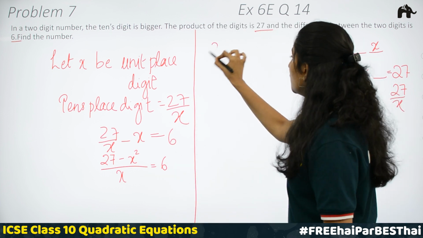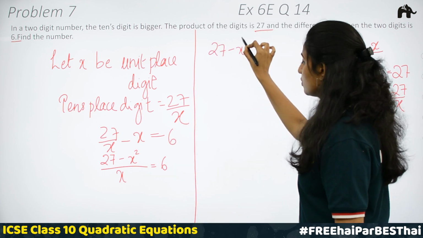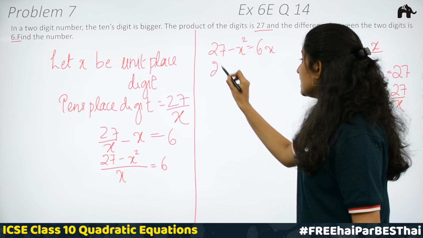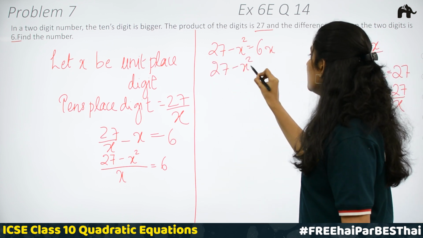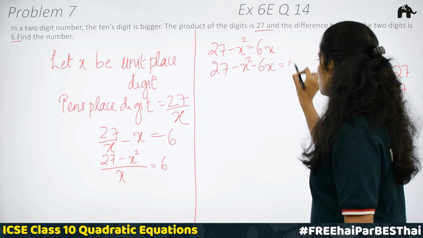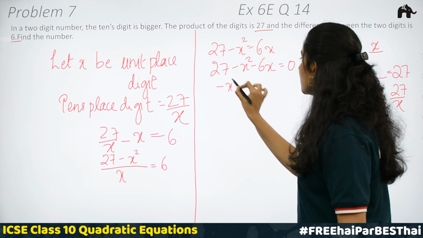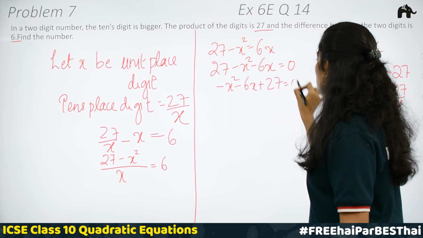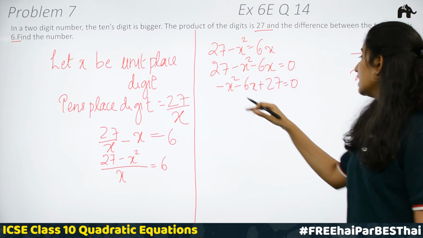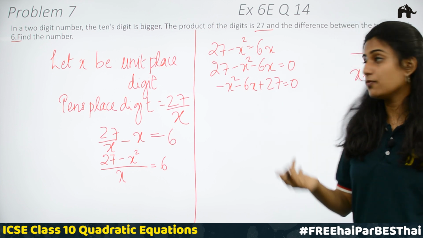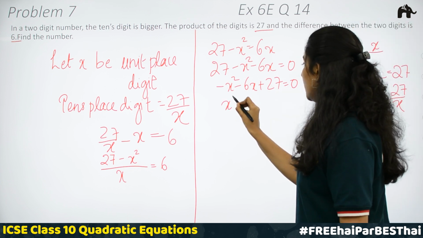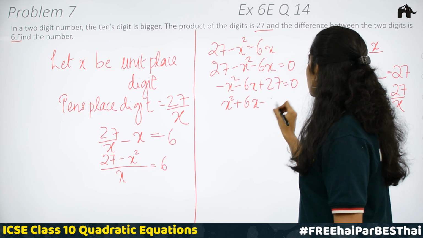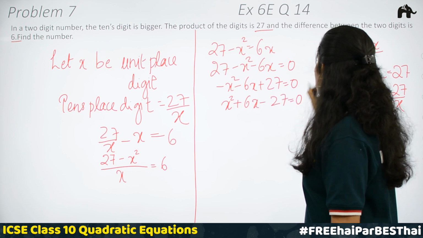Crossing, 27 minus x square is equal to 6x. 27 minus x square minus 6x is equal to 0, or minus x square minus 6x plus 27 is equal to 0. Dividing throughout with minus 1, we get x square plus 6x minus 27 is equal to 0.